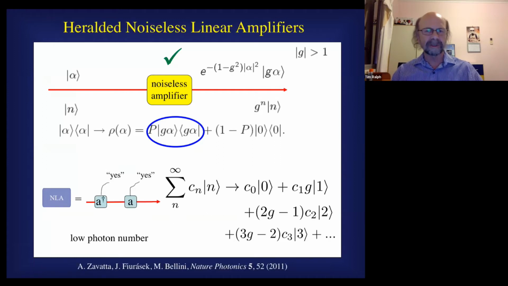A different approach was demonstrated by Marco Bellini. So here, again, the 0 and 1 components are amplified correctly. The higher components are amplified a bit, but not by the value you would expect.